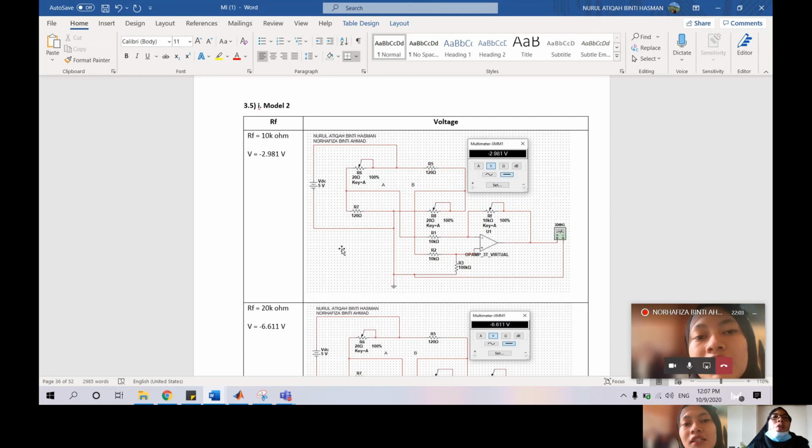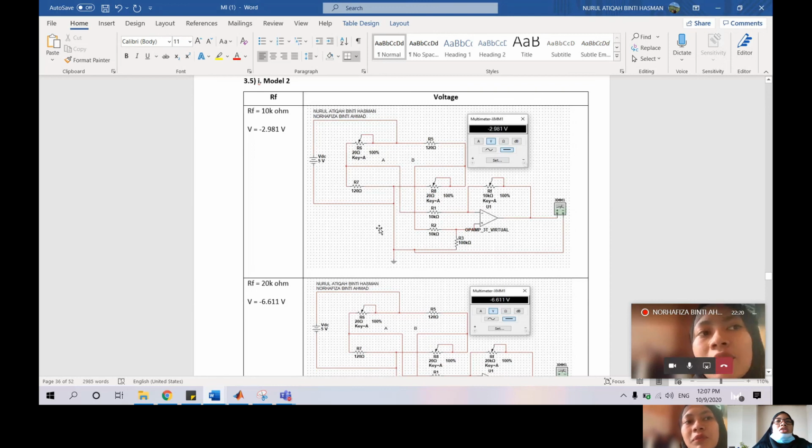The potentiometer is changed at R6 and R8, which is 20 ohm, and it gives a value of negative 2.981 volt. The negative value represents the negative feedback.